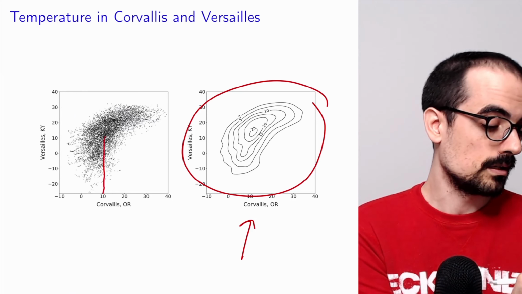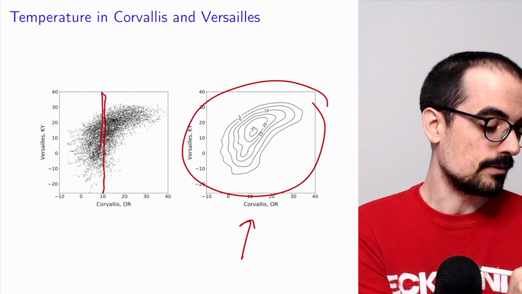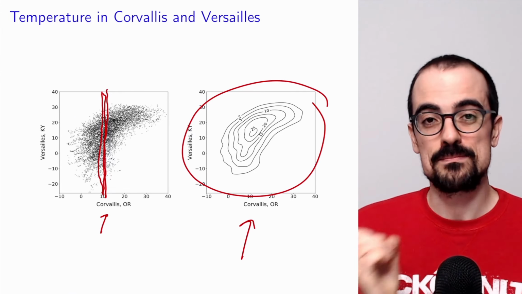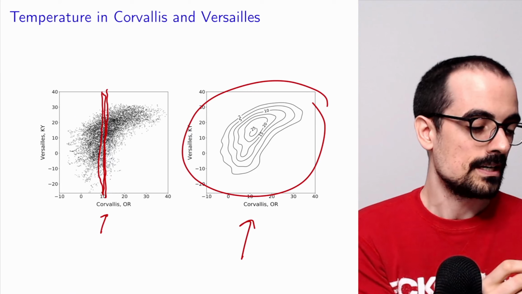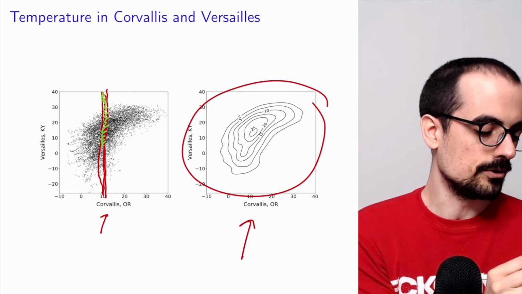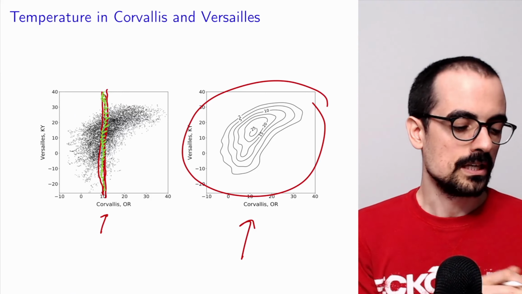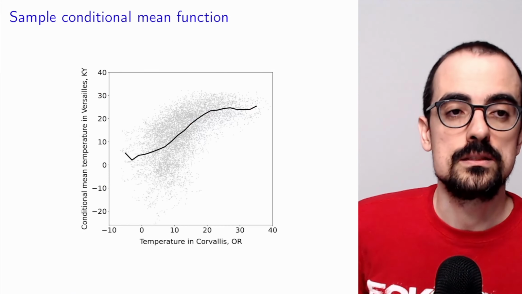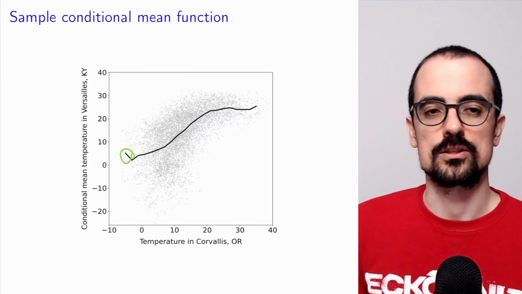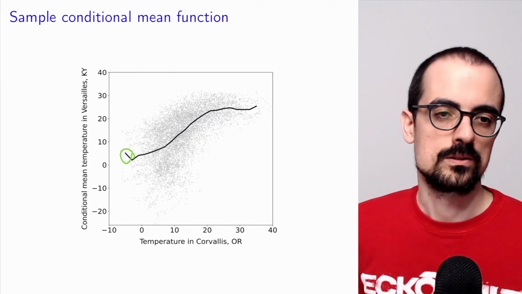Then I'm going to take a slice around 10. You cannot just take a line exactly at 10 because you're not going to observe any pairs for which the temperature at Corvallis was exactly 10, because these are continuous quantities. And you're going to average the corresponding values of Versailles. If you do this for this data, you get this conditional mean function, where here it's a little bit noisy because we don't have a lot of samples that we're averaging over.